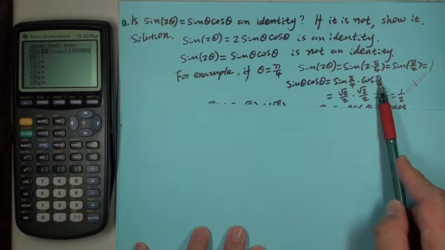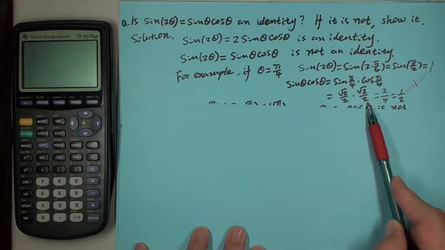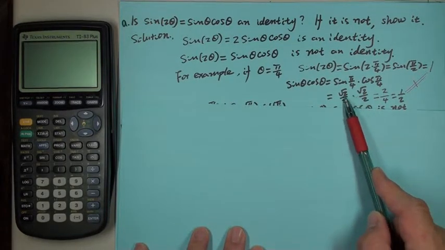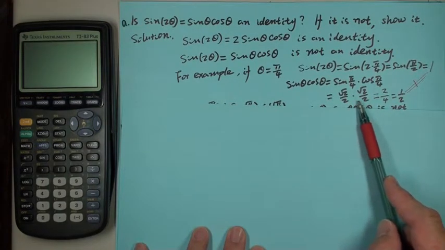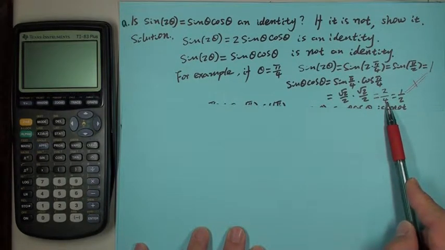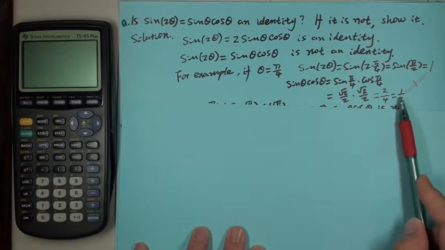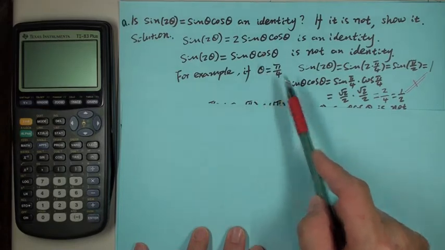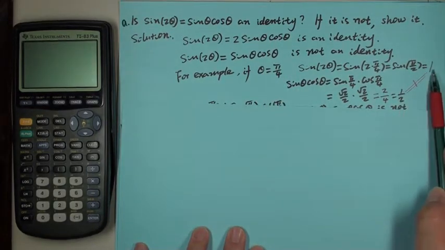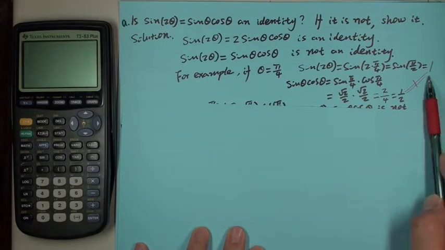Cosine pi over 4 is radical 2 over 2. Radical 2 times radical 2 is 2, and 2 times 2 is 4, which is 1/2 for this one. So 1/2 does not equal 1.